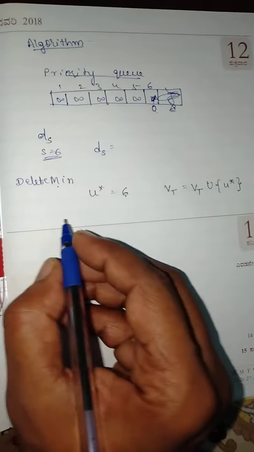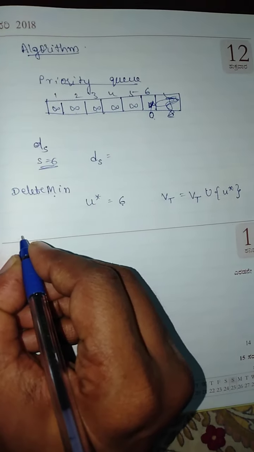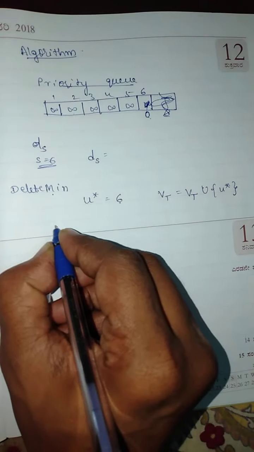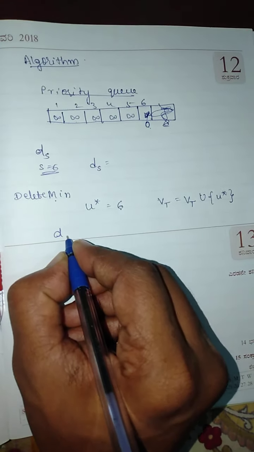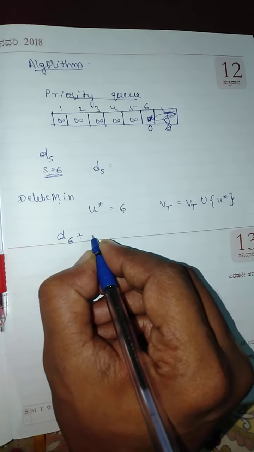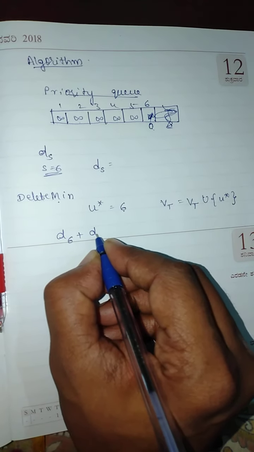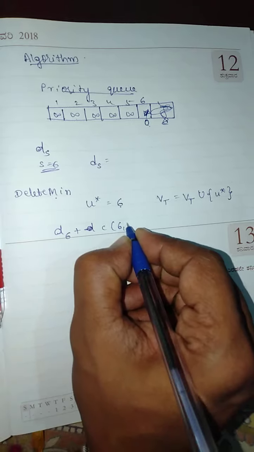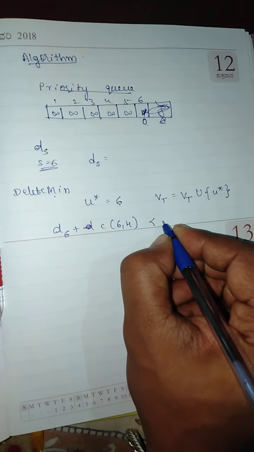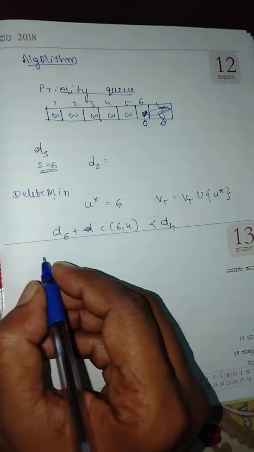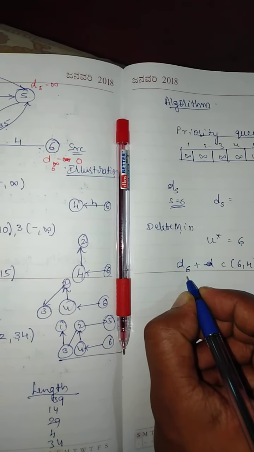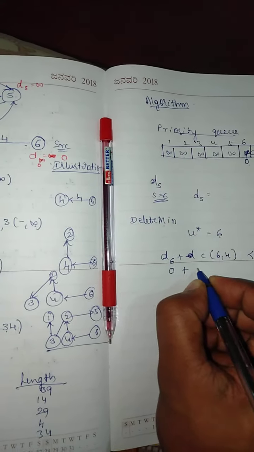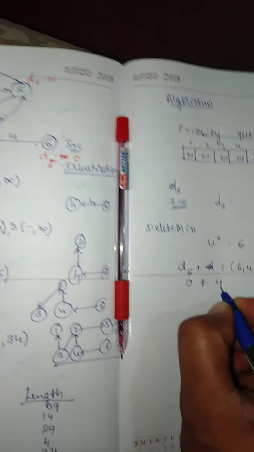So for clarity I write that: distance to 6 plus cost of 6 to 4, if it is less than distance to 4. So distance to 6 is 0 plus cost from 6 to 4 is 4.